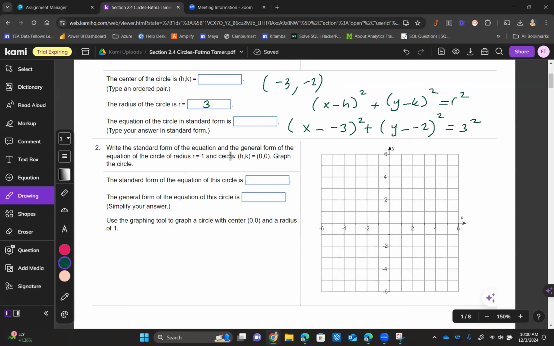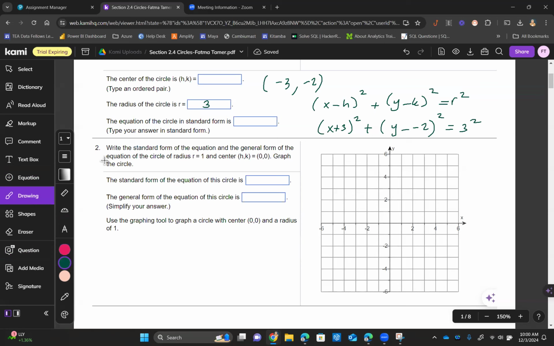Here 2 negatives will create a positive, so this will be x plus 3 squared.